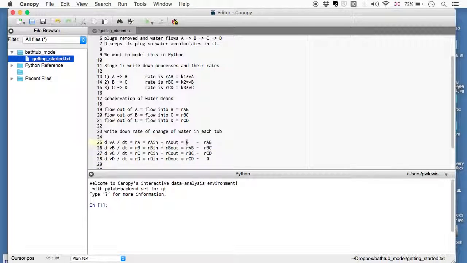So let's neaten that up. So these are our rate equations, and because we've actually put values on these rates, we can rewrite that here. Sorry, this is 0 minus that rate, so we've just got minus that rate.